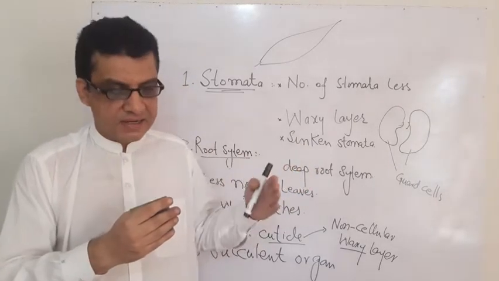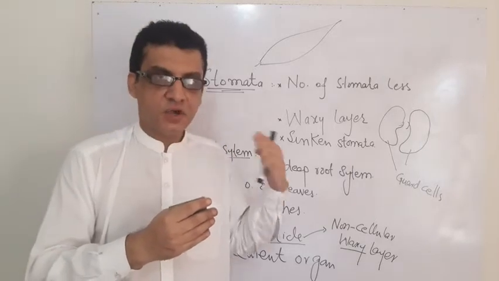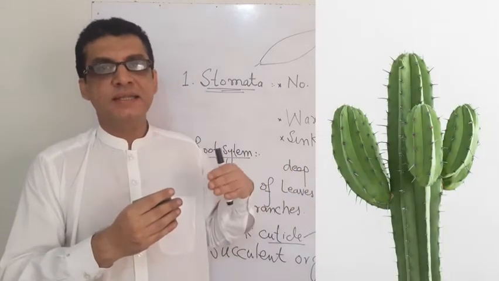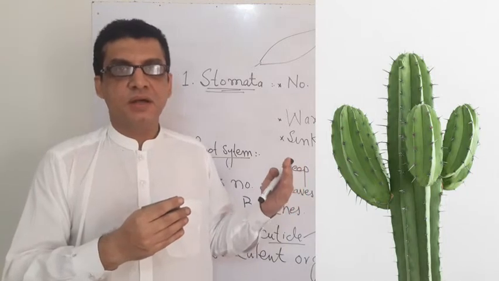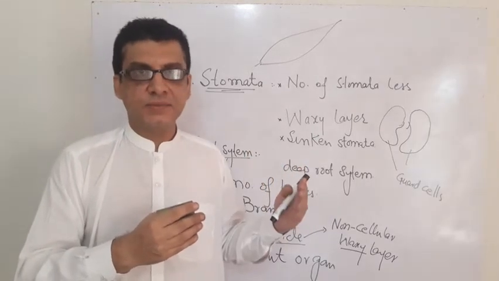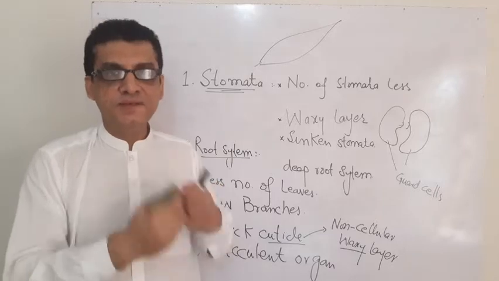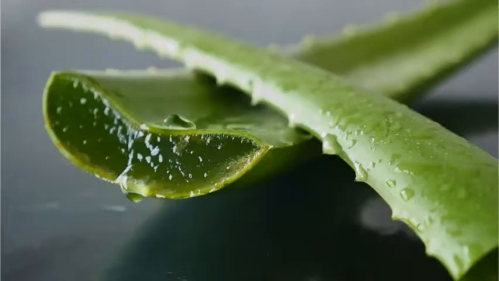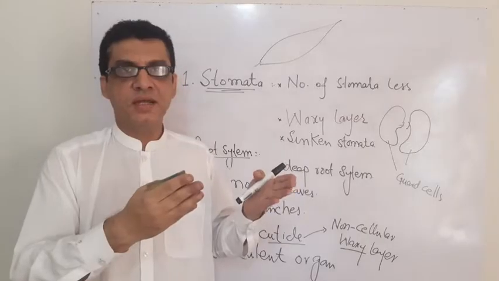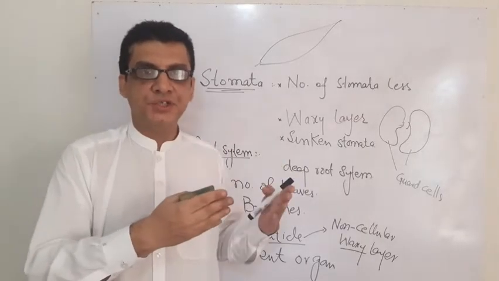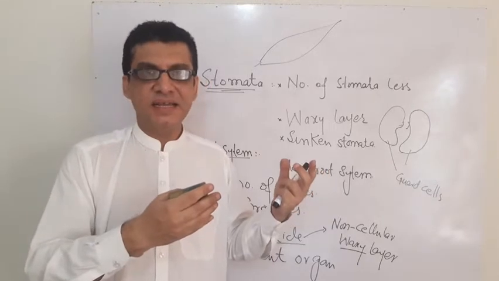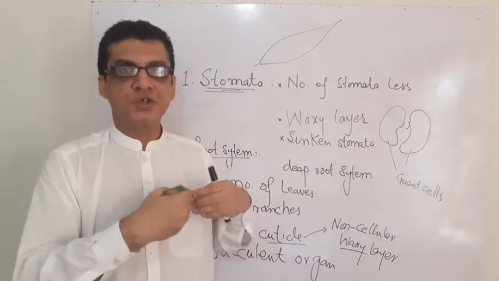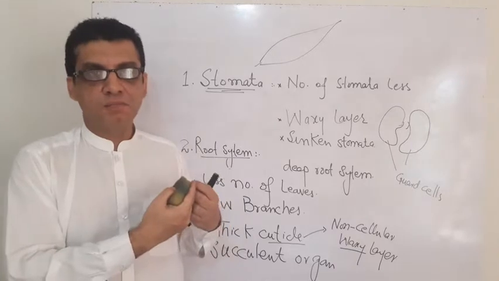That organ or part is called succulent. It may be the stem, like in the cactus, or the leaves, like aloe vera. If you cut an aloe vera leaf, you can see there is storage tissue, a gel-like material. Actually, there is an amount of water stored inside that plant.